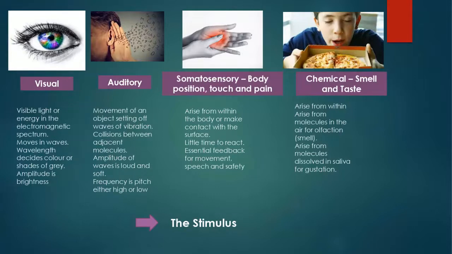Light moves in waves, and if you picture the wavelengths going up and down, how close together the wavelengths are, the frequency, tells us what color we're perceiving, and how high or low the waves are is the amplitude, and that tells us how bright something is. So the stimulus for our visual system is light, or energy, which moves as wavelengths, which is what our eye interprets. So that is the stimulus for vision.